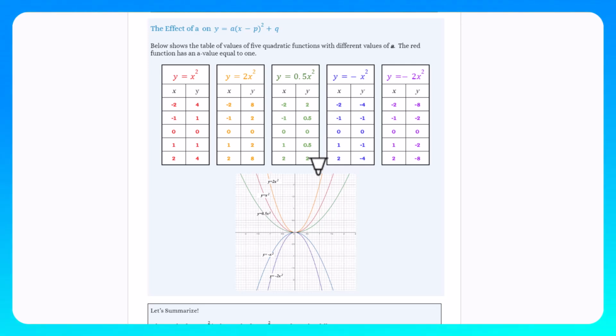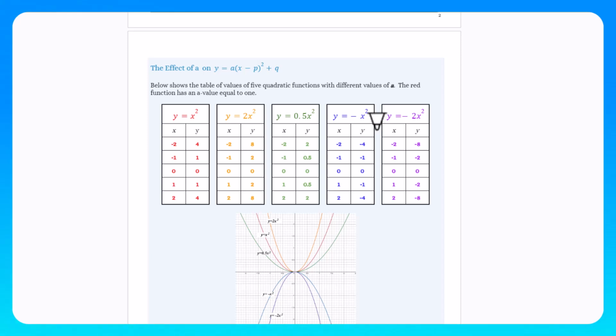So what I've done here, I've introduced 5 different quadratic functions, with the original being y equals x squared. And I've made myself a table of values. All I've done there is I've picked some negatives and positives and 0.